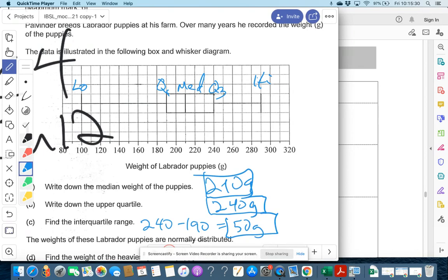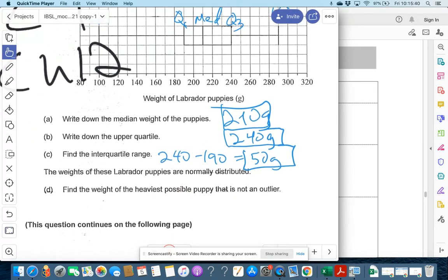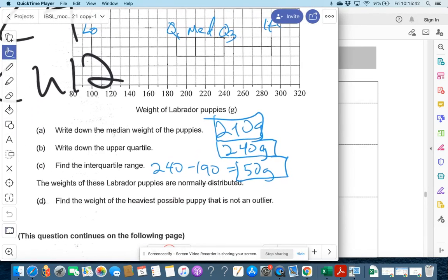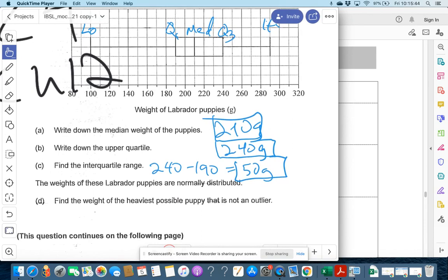Okay, the weights of these Labrador puppies are normally distributed. We're not really asking questions on normal distribution, but it could have been included here. So now, what is an outlier? So we need to establish what an outlier is, and I have to refer to the textbook for this.